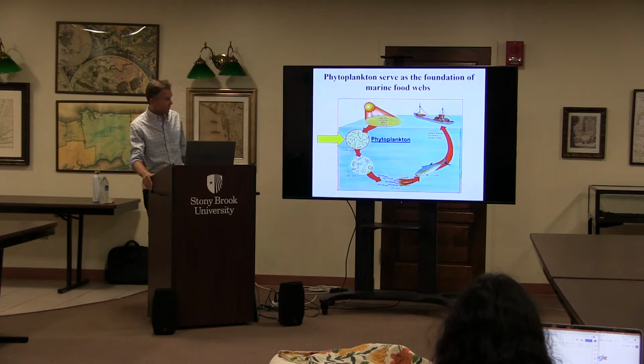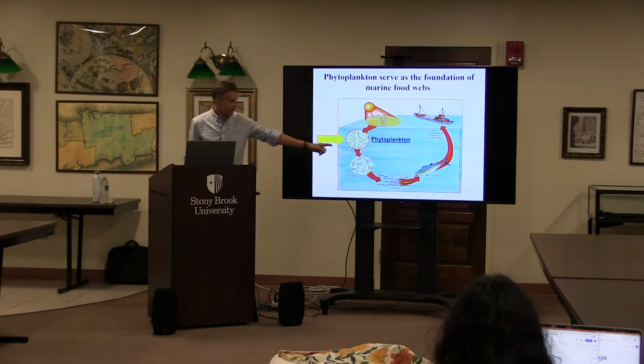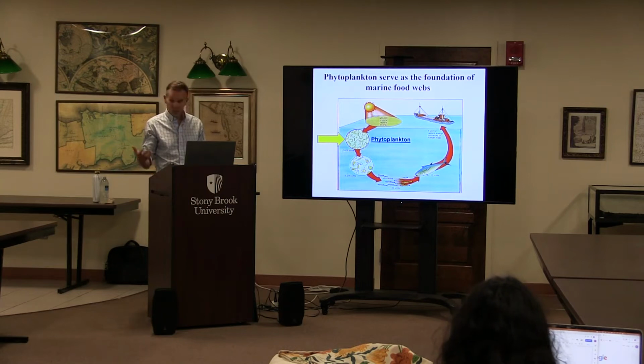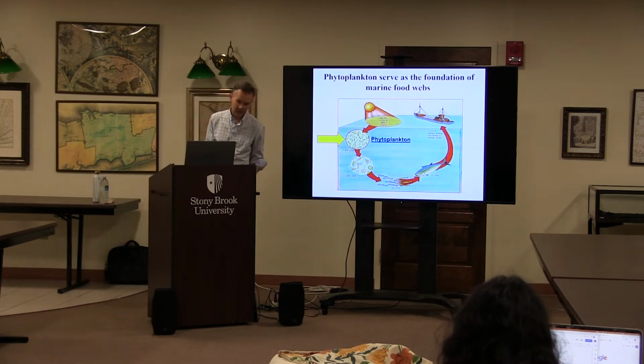But at the base of marine food webs, we have microalgae, also known as phytoplankton. These are photosynthetic organisms, the equivalent of land plants, and it's their energy that drives marine food webs. In general, they're very, very important. I teach in all my classes that half of the oxygen we breathe every day comes from the photosynthetic activity of phytoplankton.